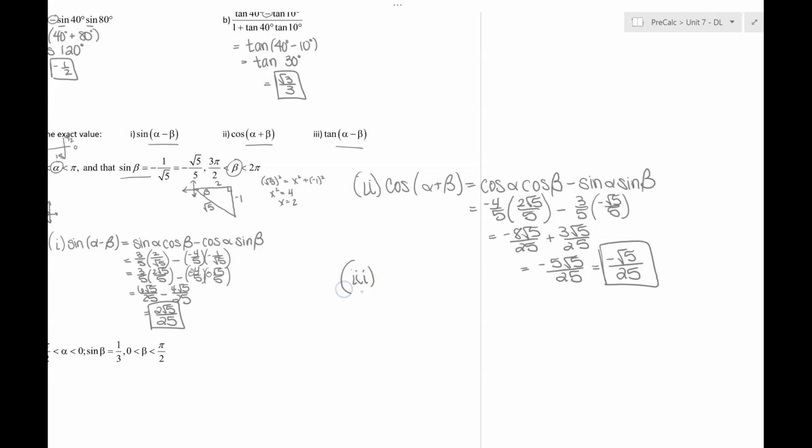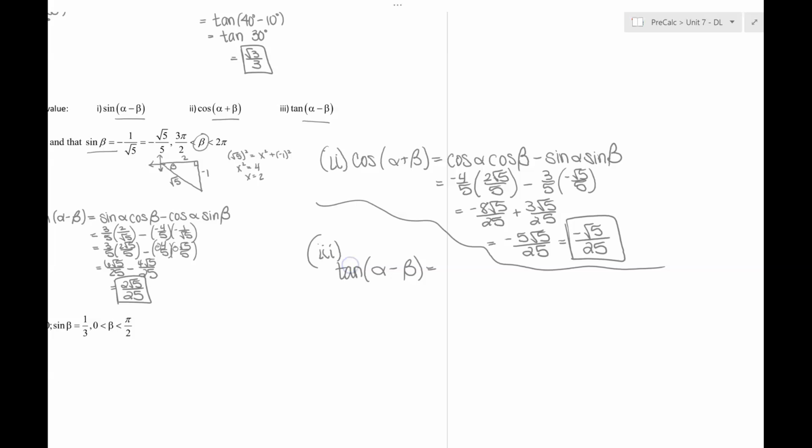Okay, it's a really ugly Roman numeral 3. So tangent. We have tangent of alpha minus beta. So that is going to be tangent of the first angle, same sign, so minus tangent of the second all over 1 plus tan alpha, tan beta.